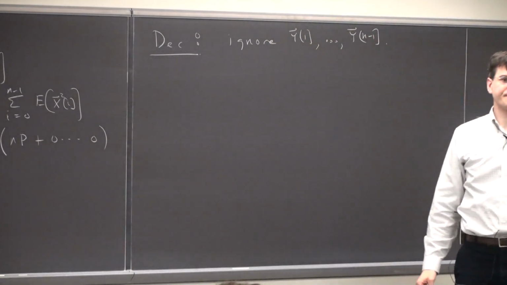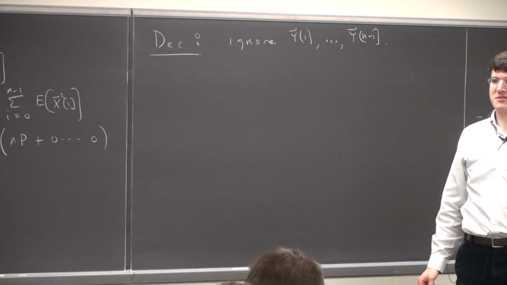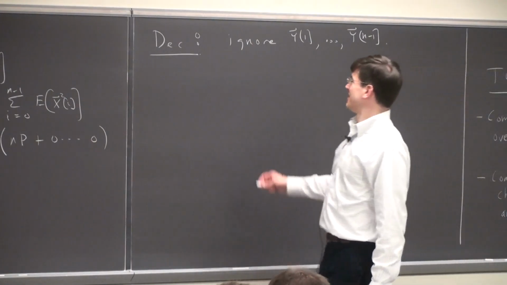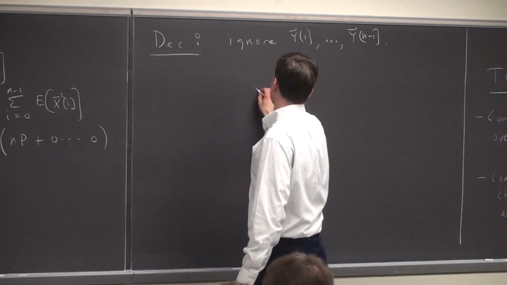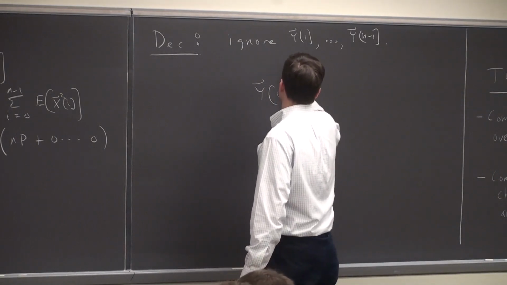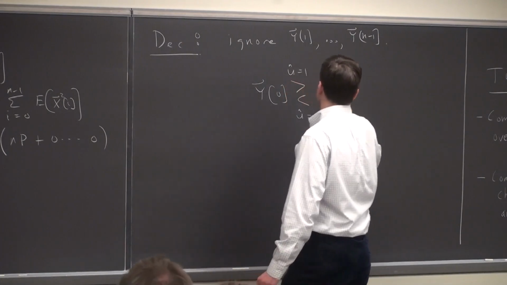And if y0 is positive, then u is 1. I'll write it like this.